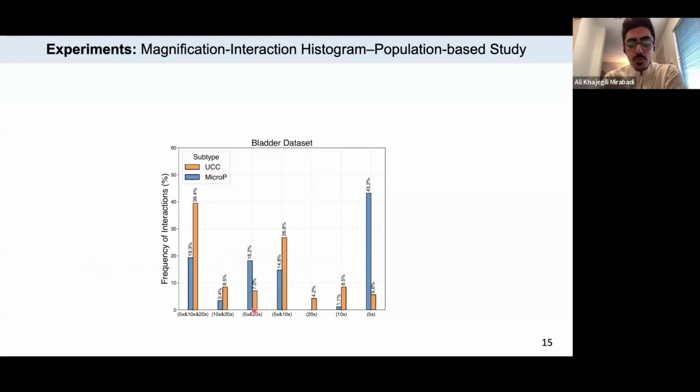What this plot is basically showing is that when it shows 5x, 10x, and 20x, the model is willing to use a multi-magnification setting to make its prediction. But when it's a single magnification, it means that the model has spent the majority of its energy, more than 2/3 of its energy, on one single magnification to make the decision. And this is only for the correctly predicted cases, not the misclassified cases.